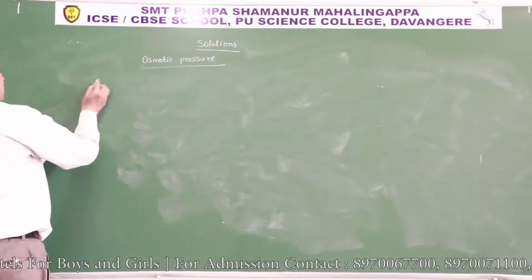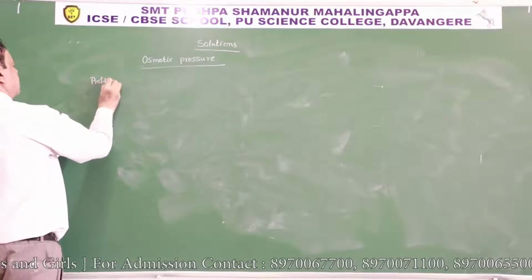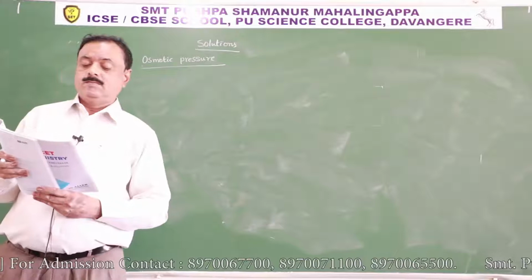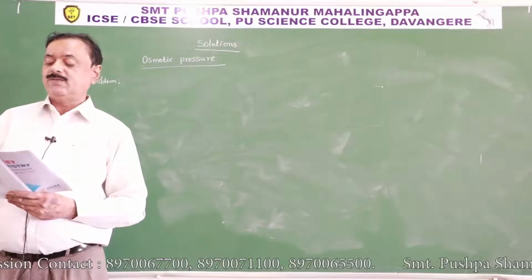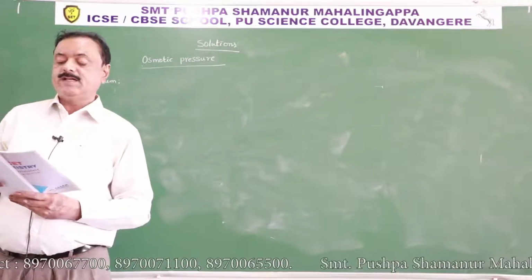Next, problem number 2. What is the osmotic pressure of a 12% solution of cane sugar at 17 degrees Celsius?